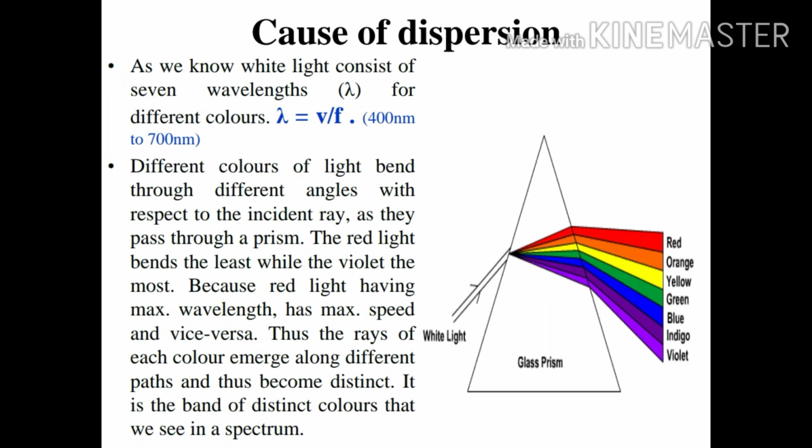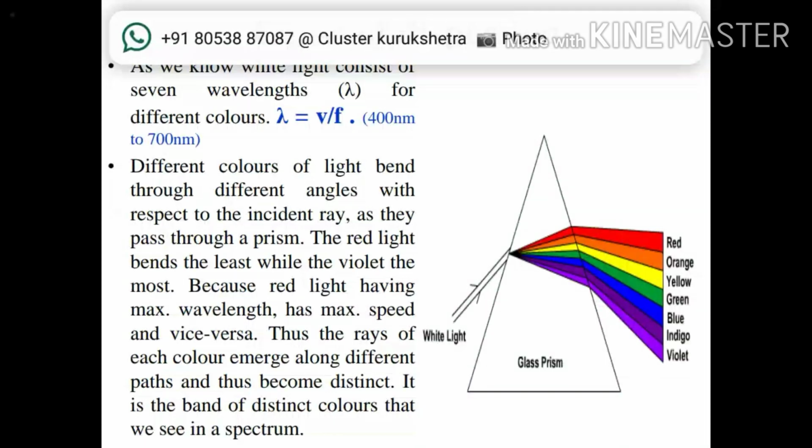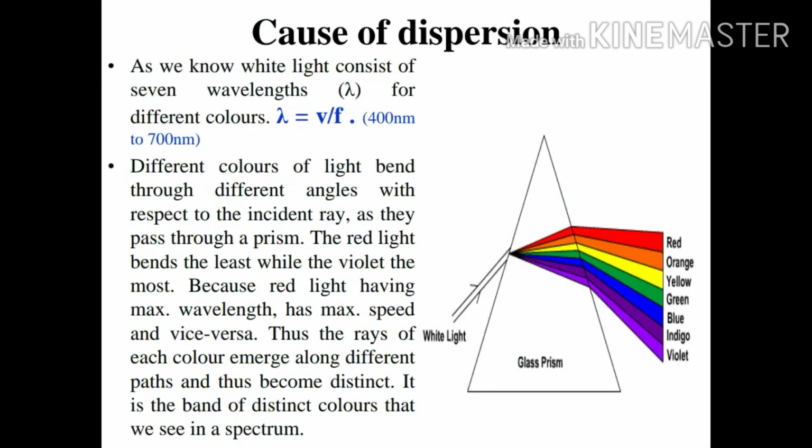Come back to our topic. 400 nanometer to 700 nanometer means that violet light has a wavelength of 400 nanometer and red light has a wavelength of 700 nanometer. Their wavelengths are different.